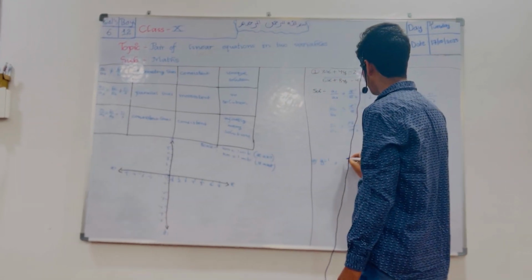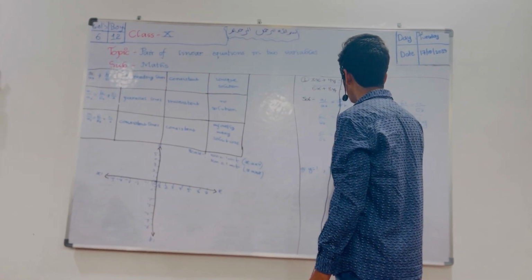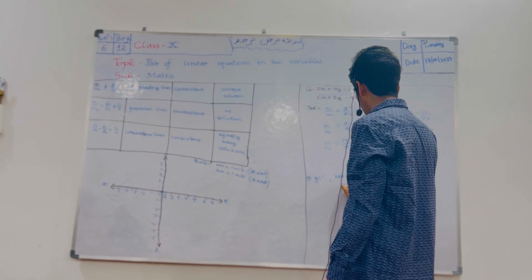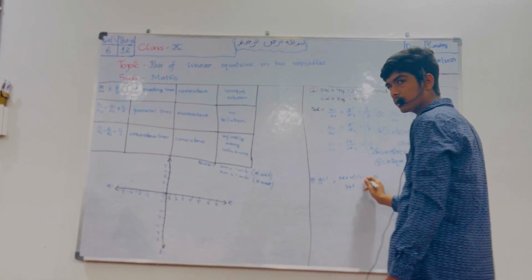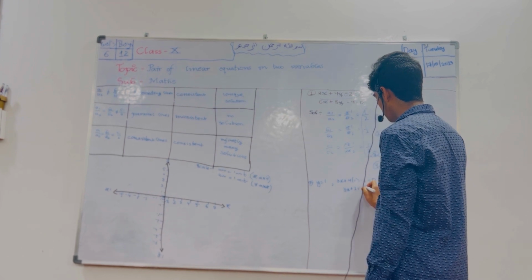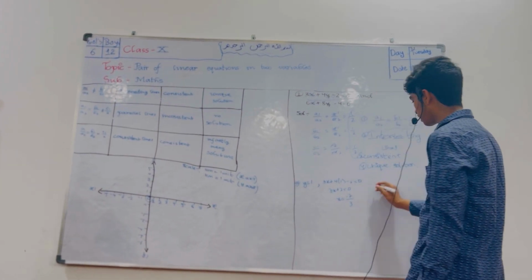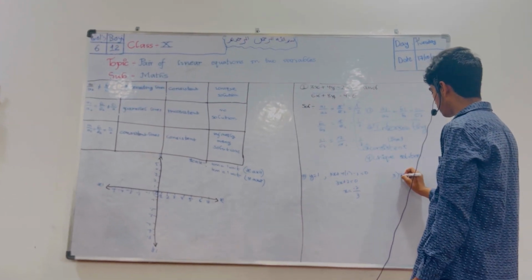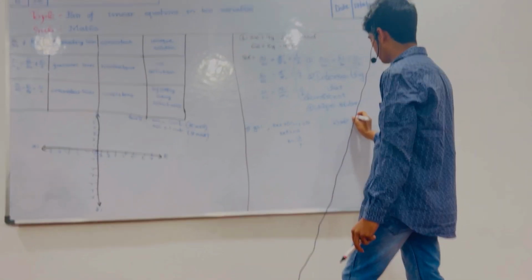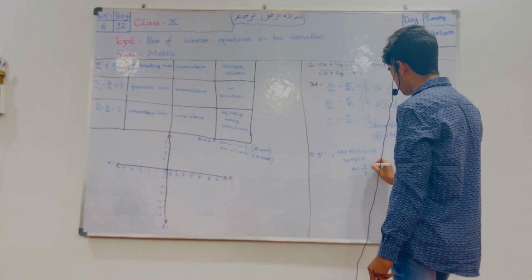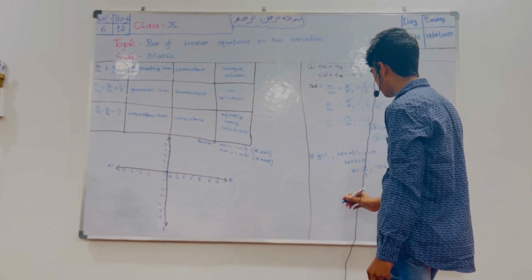If y equals 1, 3x plus 4 into 1 minus 2 equals 0. 3x plus 4 minus 2, it is 2, equals 0. X is equal to minus 2 by 3, which is a fraction, so we have to convert it into decimal points. The answer is 0.6. Here it is minus, so we have minus 0.6.